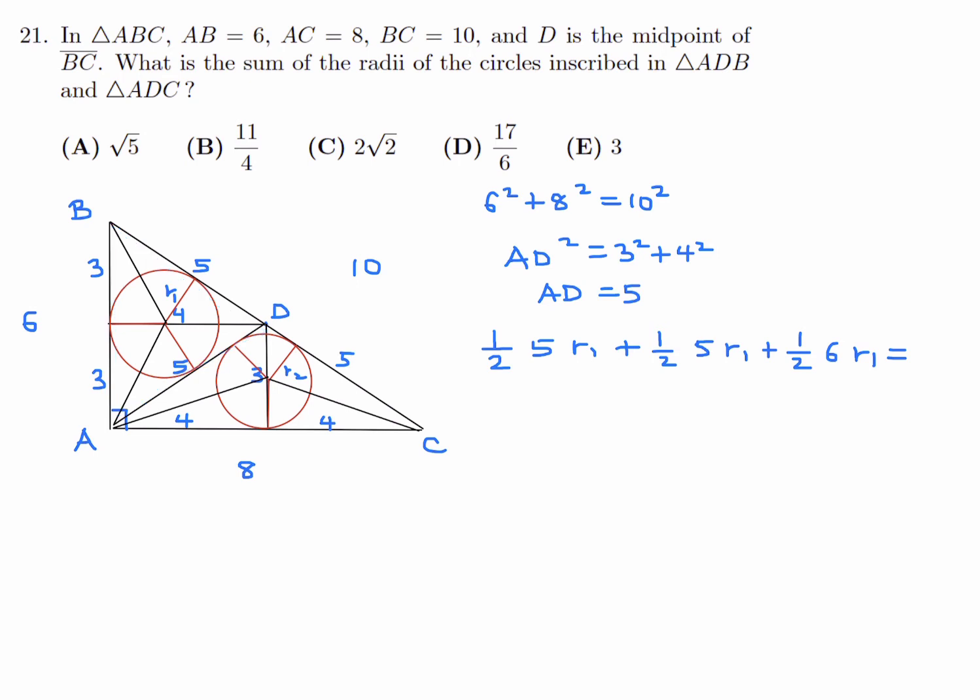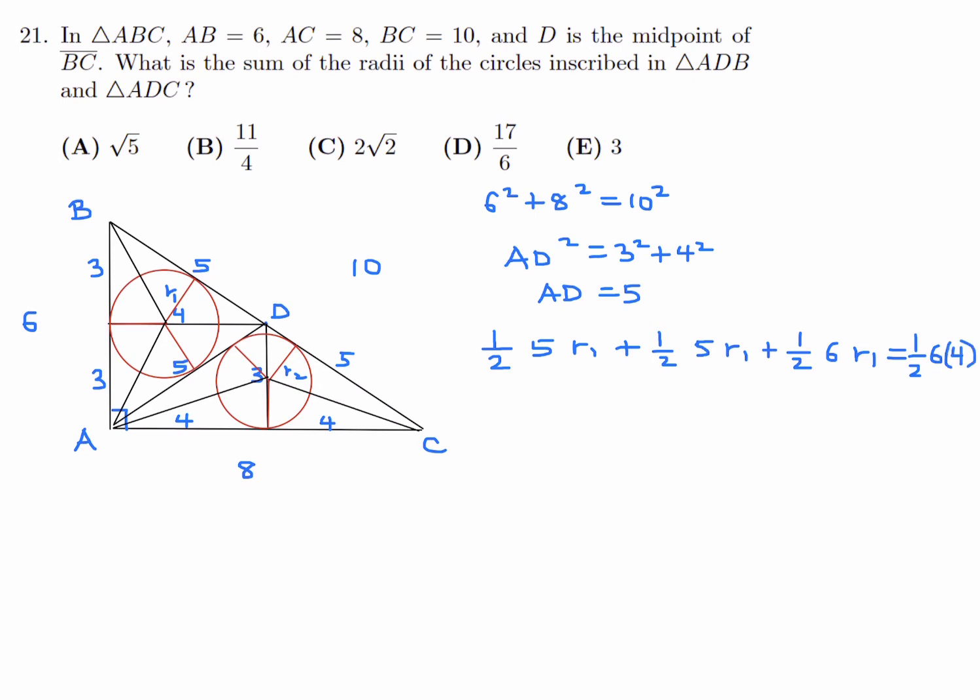And ABD, we know, has the sides 5, 5, and 6. And we also know this distance, that is 4. So we can calculate the area of ABD with 4 as the height and 6 as the base: 1/2 base times height, 1/2 times 6 times 4.